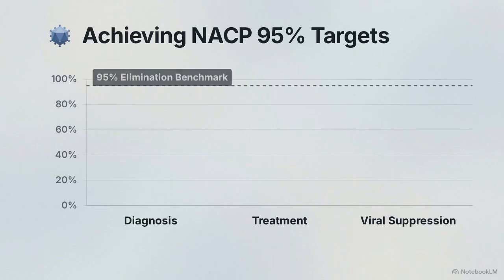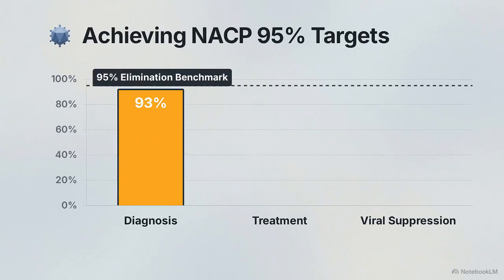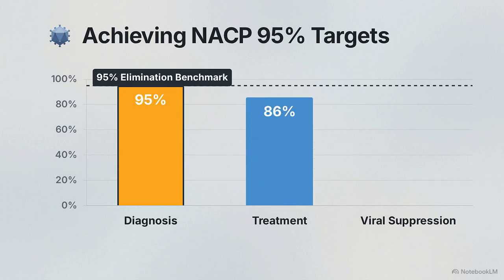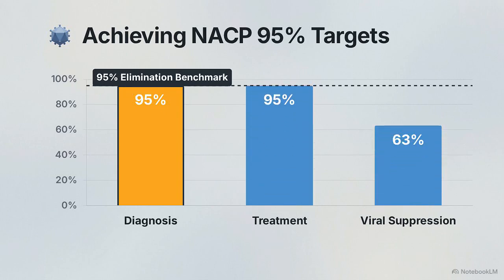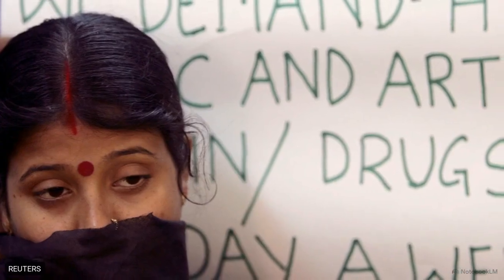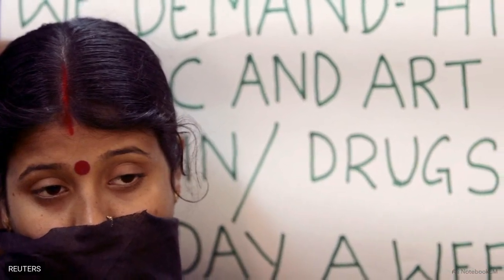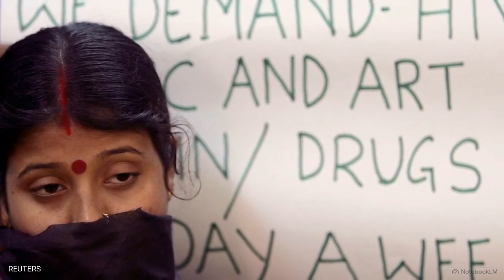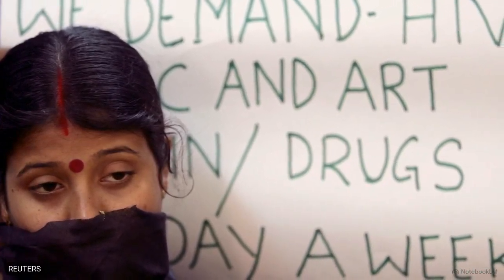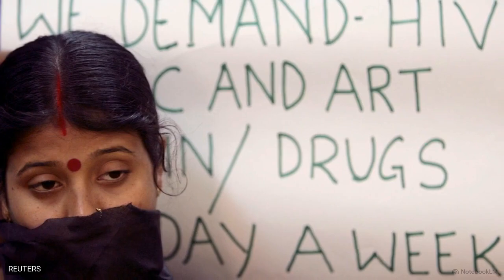These rigid testing algorithms generate the precise data required for the NACP Phase 5 target of diagnosing 95% of all infections. Once the lab confirms the diagnosis, the ultimate policy goal is to provide universal access to a single-pill daily regimen, the TLD antiretroviral therapy.